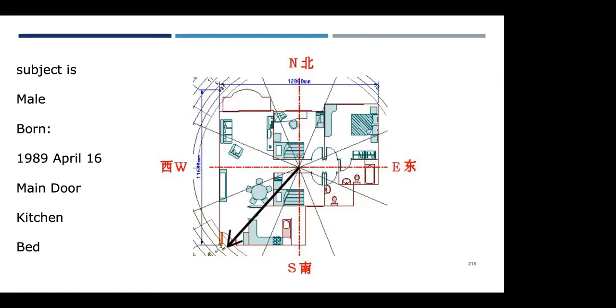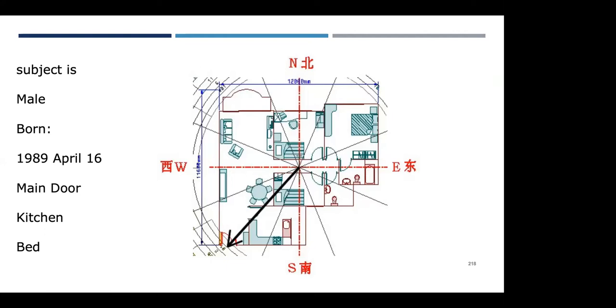Quartu is what? It's advancement, right? Quartu, go back to the eight. Southwest is advancement. So therefore, he got one of the good doors, but not the best.